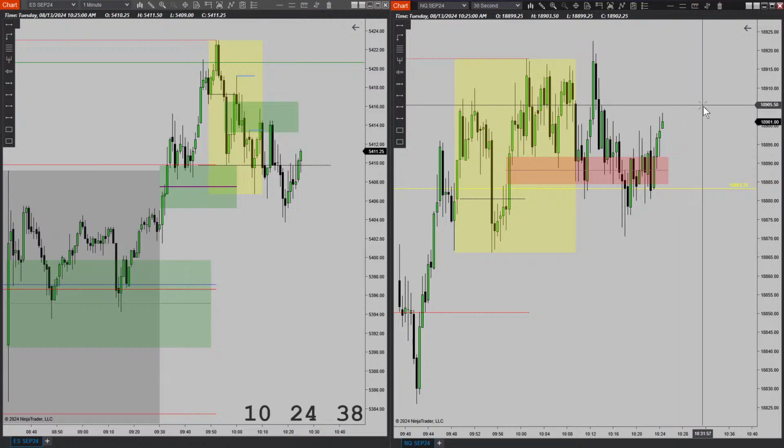My stop is right here. No, I'll just leave it. Okay, so I got stopped out.